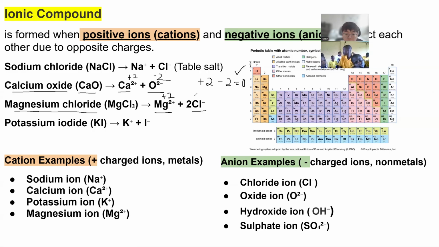And for chloride it's -1. But the numbers are different, right? Magnesium ion is +2. Chloride ion is -1. How do we make the charges neutral, do you think, when combining these two ions?